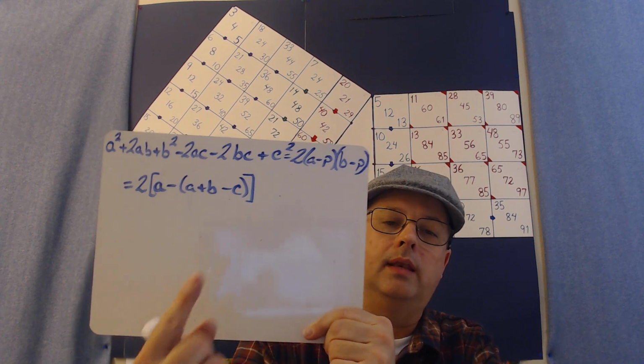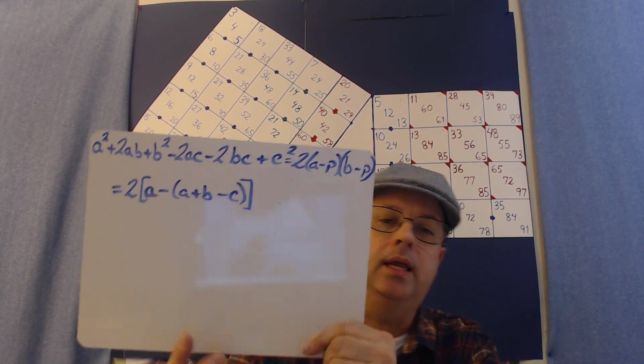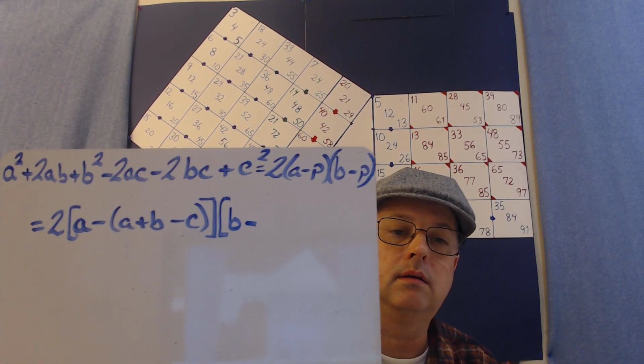And now then b minus p again. That's b minus a plus b minus c.